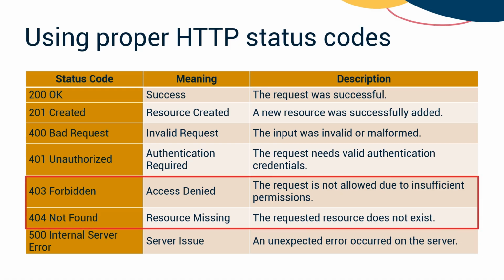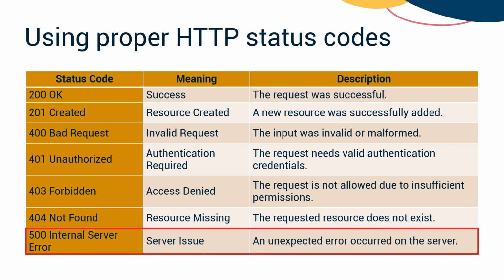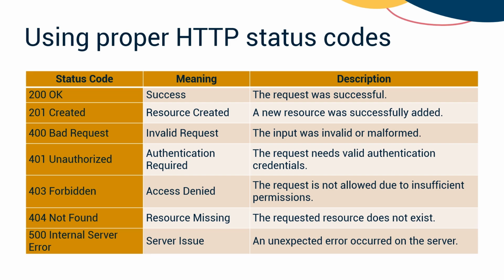A 403 Forbidden status blocks access to restricted resources, while 404 Not Found indicates that the requested resource does not exist. Server-side errors include 500 Internal Server Error, which signals an issue on the server. Using the correct status codes improves API usability and ensures clear communication between clients and servers.